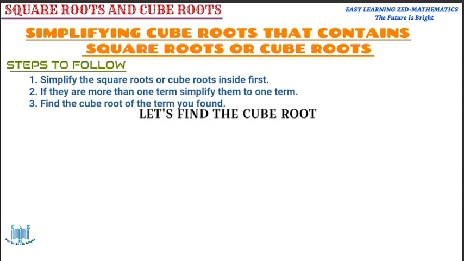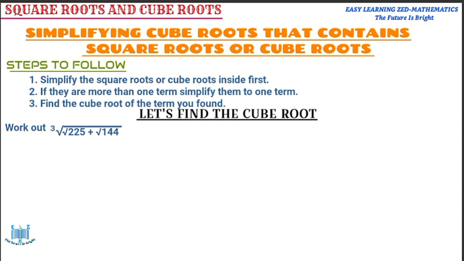Here is the question. Work out the cube root of the square root of 225 plus the square root of 144. So we are asked to find the cube root of the square root of 225 plus the square root of 144.